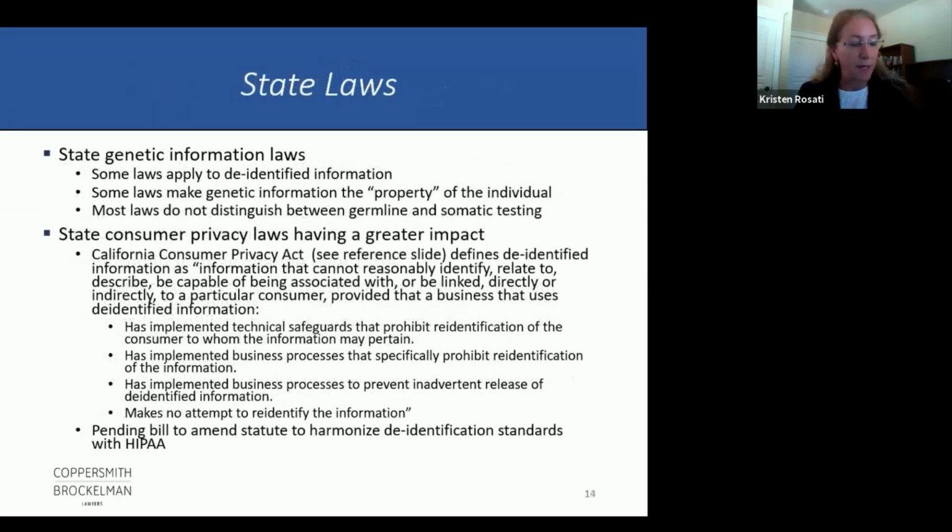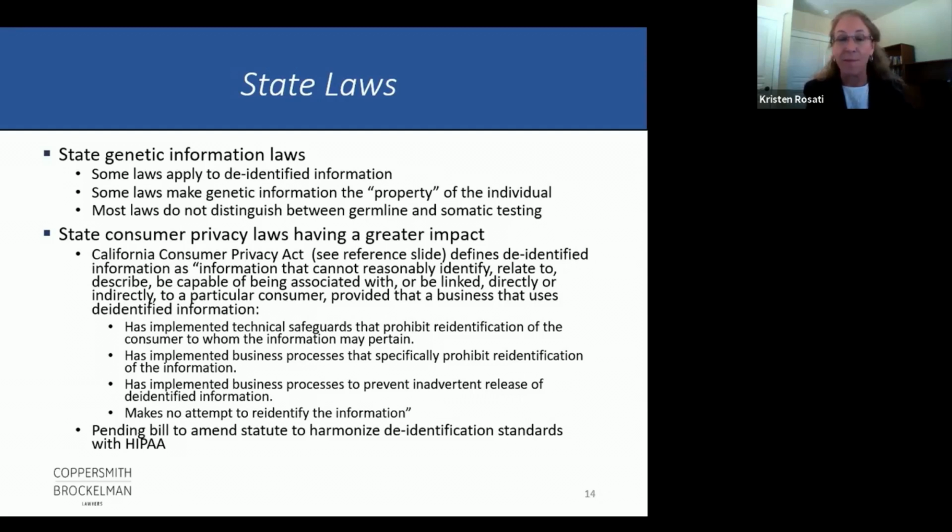Plus, state laws are increasingly important in the analysis of when you can use genetic information and when data sharing is permissible. Some laws apply to de-identified information, presumably including de-identified genetic information, and de-identification is usually not defined in state law.